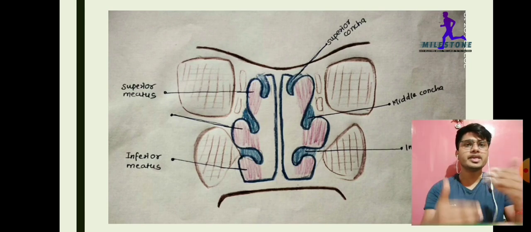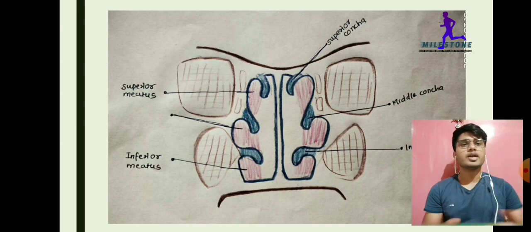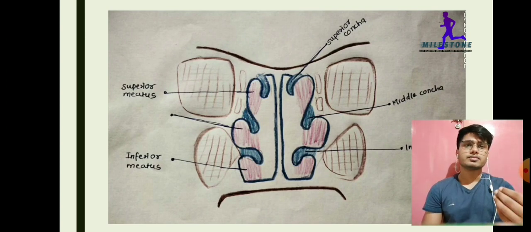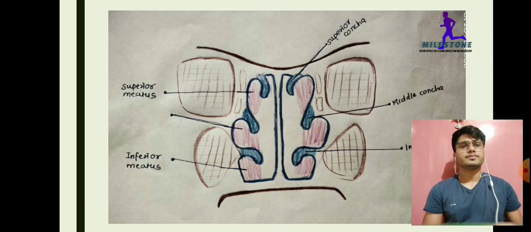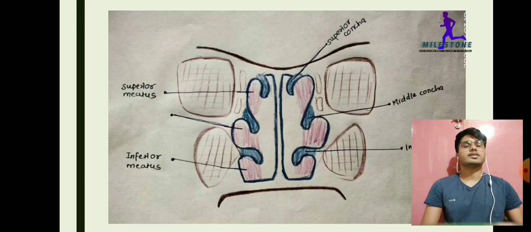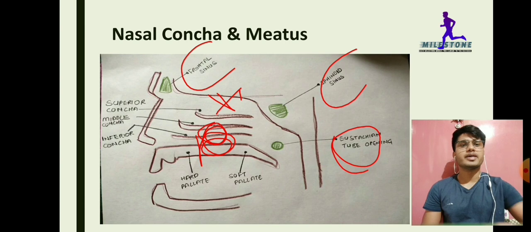So between the superior concha and the middle concha there is a superior meatus, and between the middle concha and the inferior concha there is a middle meatus, and between the inferior concha and floor of the nose there is an inferior meatus. Okay, and in this meatus the paranasal sinus drains. So the paranasal sinus drains into this meatus, right? So this is about very basic of the nose.